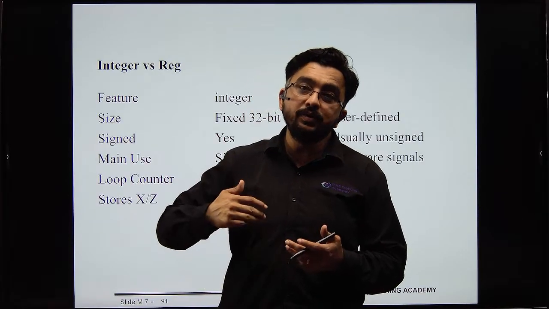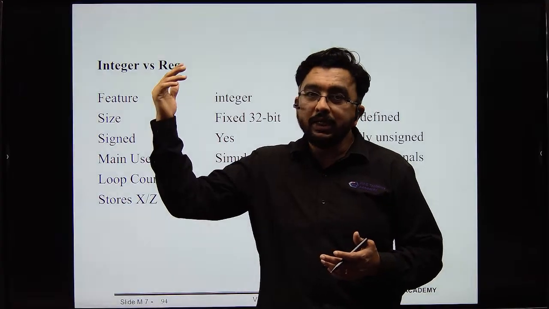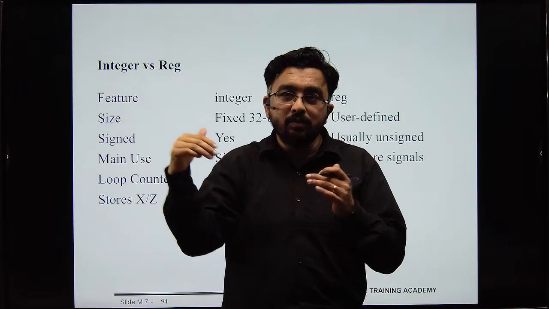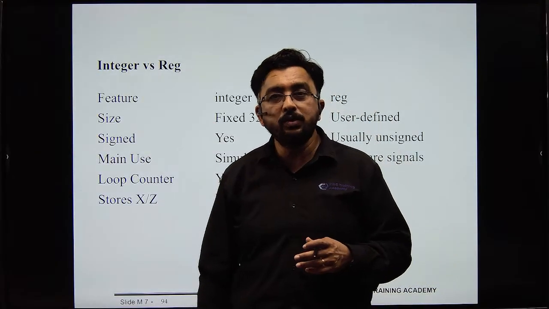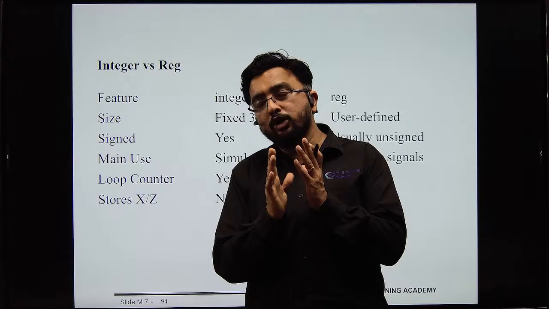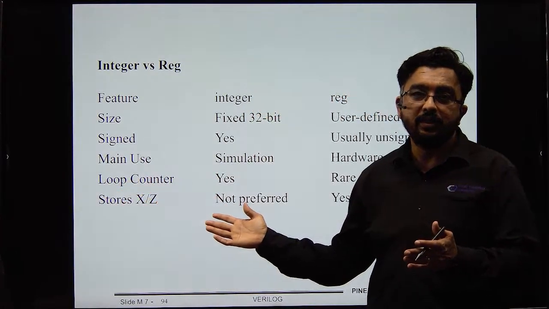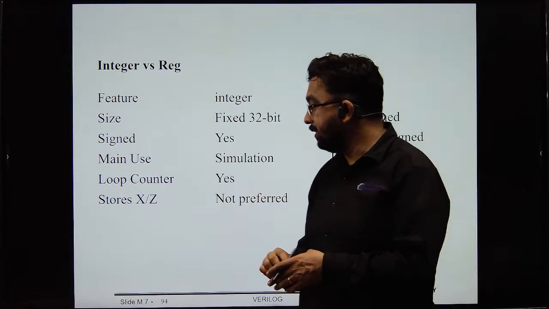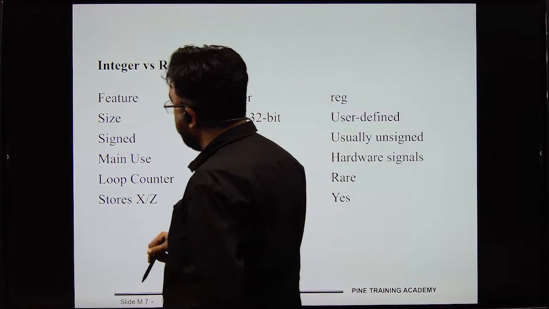But if you are using simple counter logic, i plus 1, and you are calculating millions of calculations, then it will take millions of clock cycles, correct? So for any computation within one clock cycle, loop is the best. Okay, store XZ, not preferred. Yes, preferred.